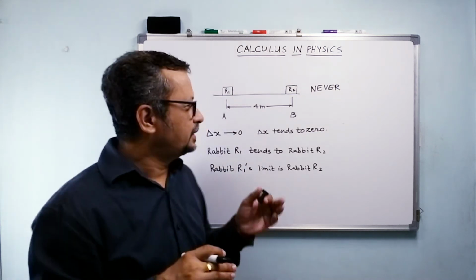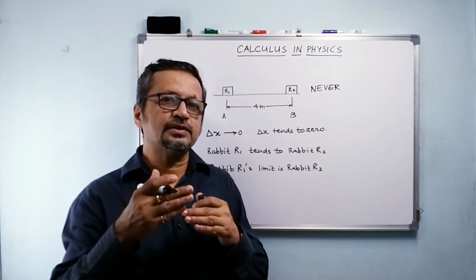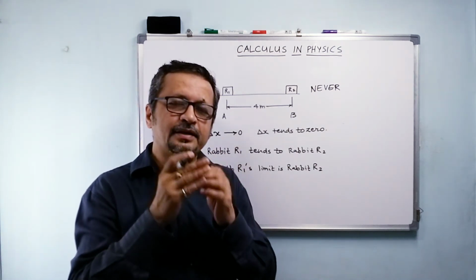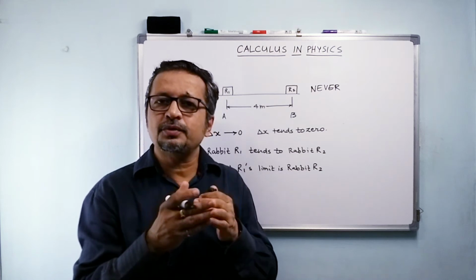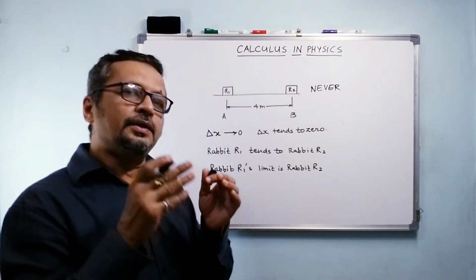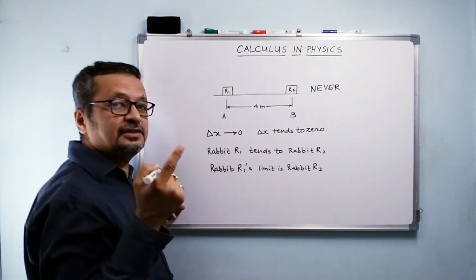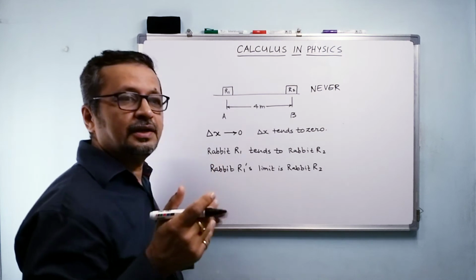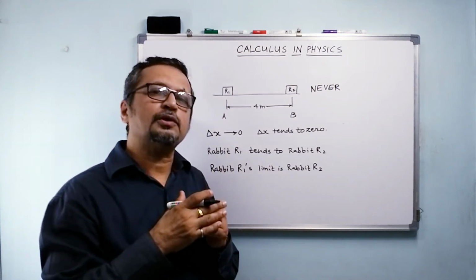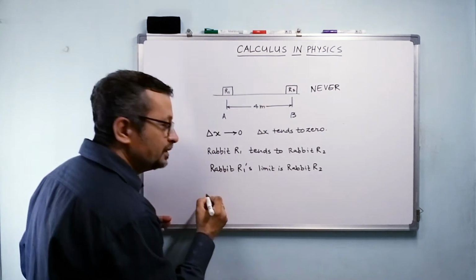This delta x tends to 0, that means it is approaching 0. The value of that number is something which you cannot even imagine. Such small quantities are called infinitesimally small. What is infinitesimal? When I say infinite, I am talking about large quantities, and when I say infinitesimal, it is very small.